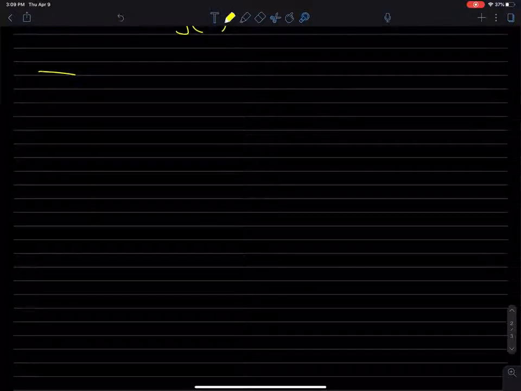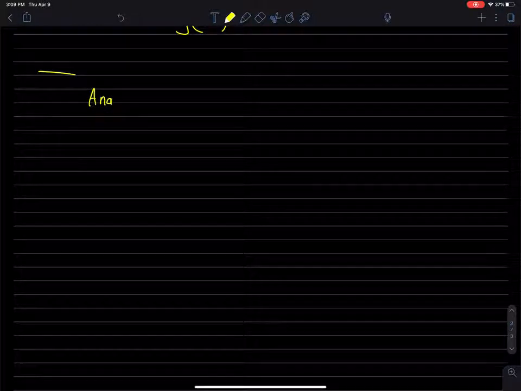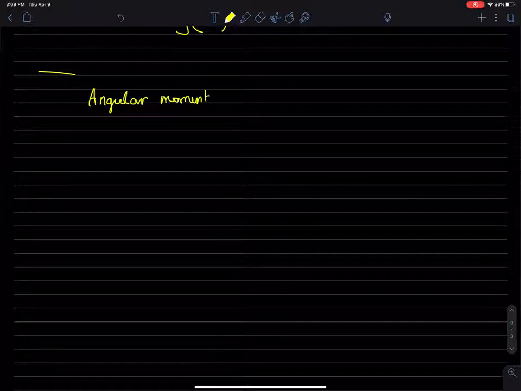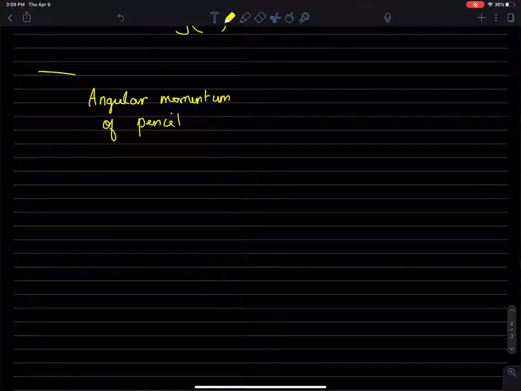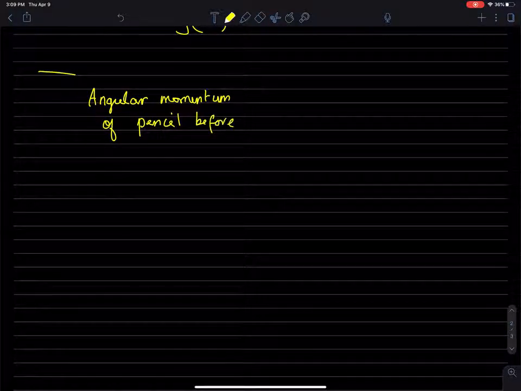Okay, so what we're going to say is angular momentum of the bar, of the pencil, before collision equals angular momentum after collision.